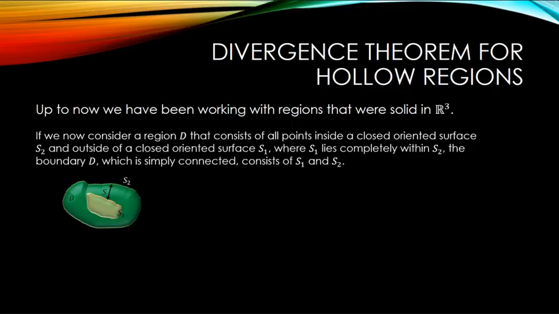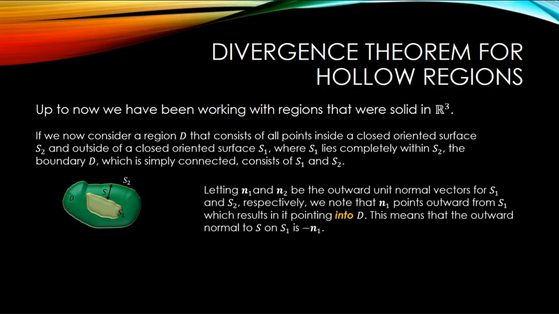If I sketch it, I have a three-dimensional object, S sub 2, that encloses a three-dimensional object, S sub 1, inside of it. You'll notice that my region S is everything inside S sub 2, but outside of S sub 1.